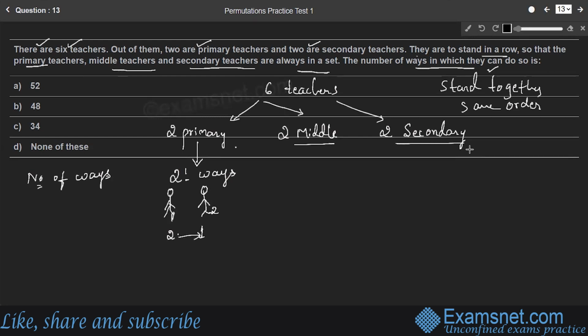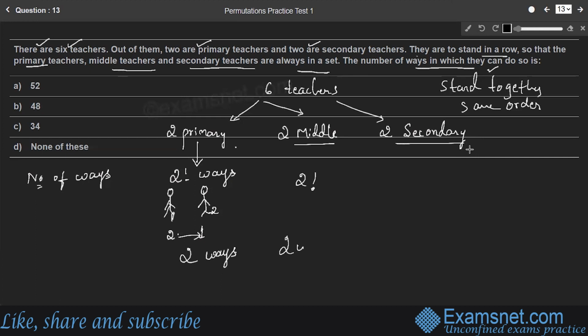So only in two ways, two primary teachers can stand next to each other. Similarly for middle school teachers, the number of ways they can stand is factorial 2.